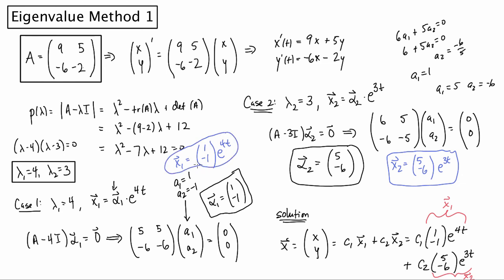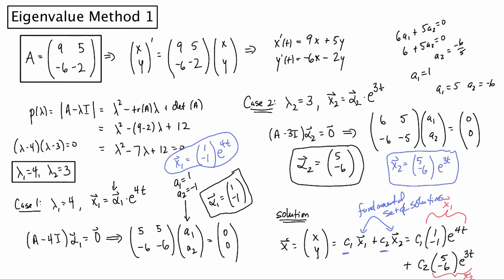So those form my fundamental set of solutions, and then the solution is just a constant multiple of the fundamental set. So x1 and x2 are a fundamental set of solutions, which means that x1 and x2 are linearly independent. You could use the Wronskian on each of those to figure it out.